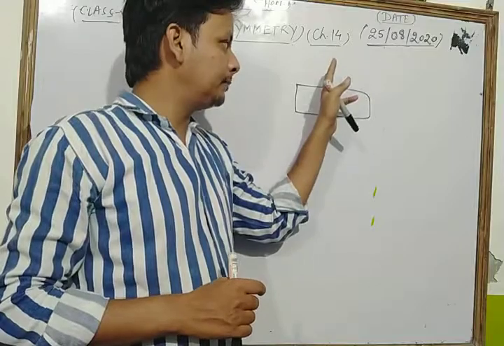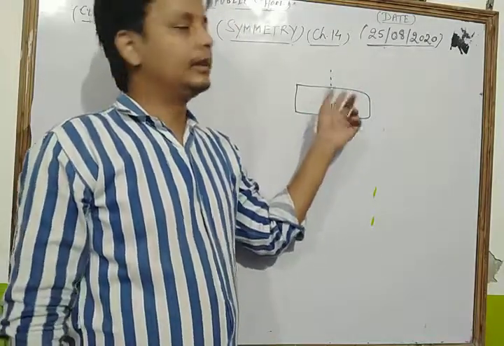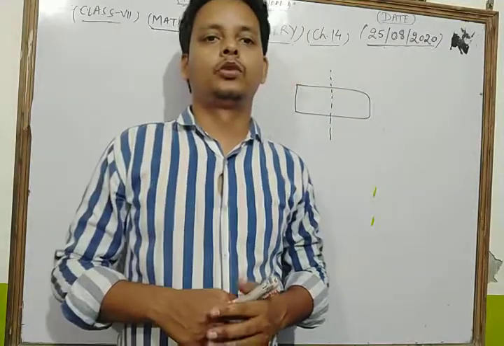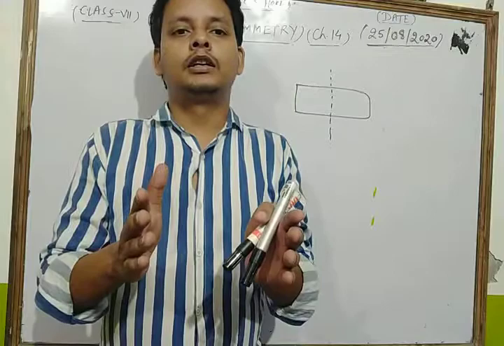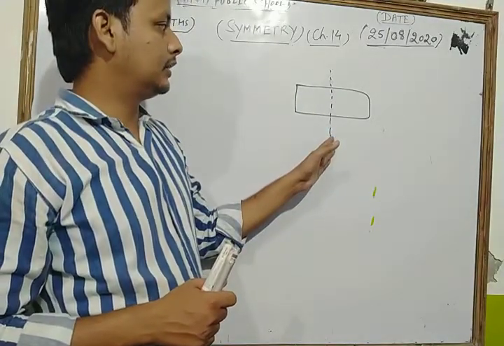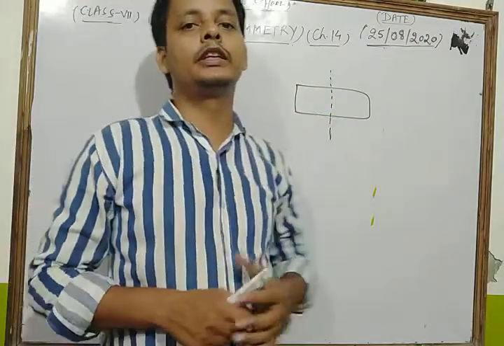If a line divides any geometrical figure into two equal parts, then that line is called the line of symmetry. Line of symmetry is a line that divides any geometrical figure into two equal parts.